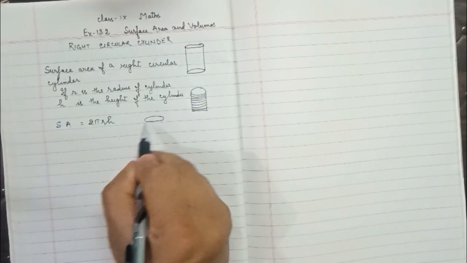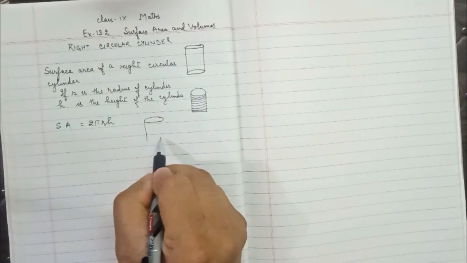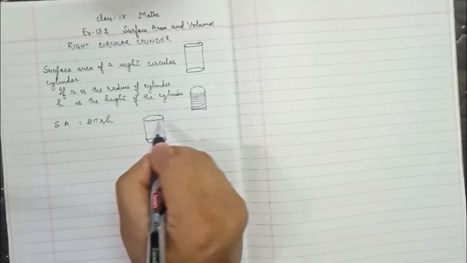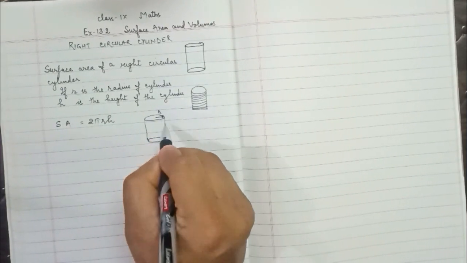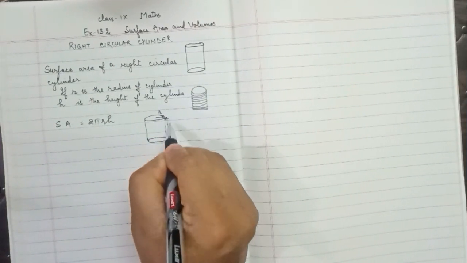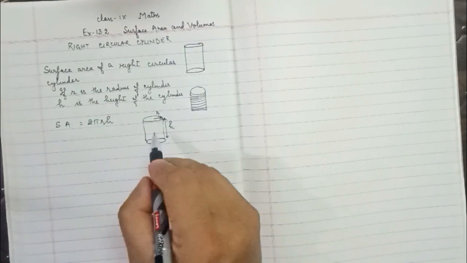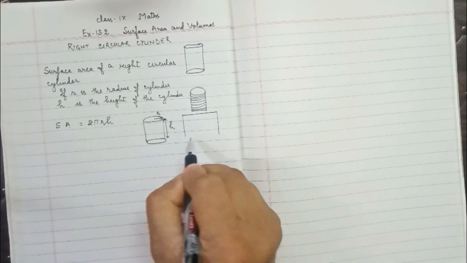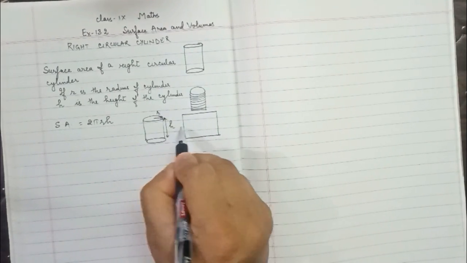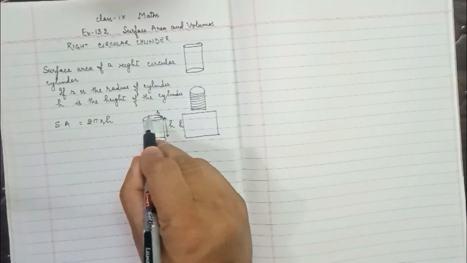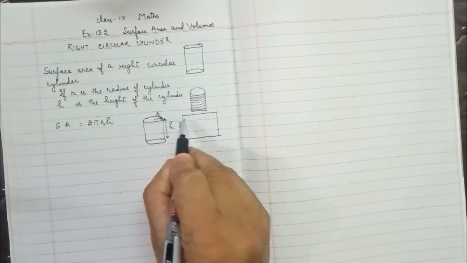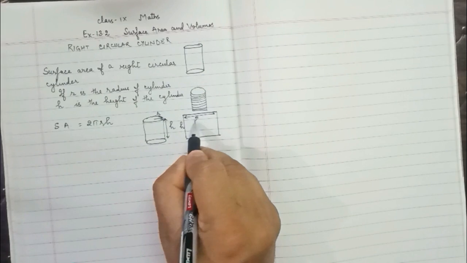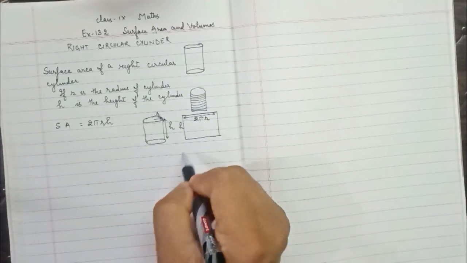This is a cylinder. The radius of this cylinder is r and height is h. We can imagine it as, if we open it, it will be like this. This h will be the height, and this is the circumference of the circle, that is 2 pi r.